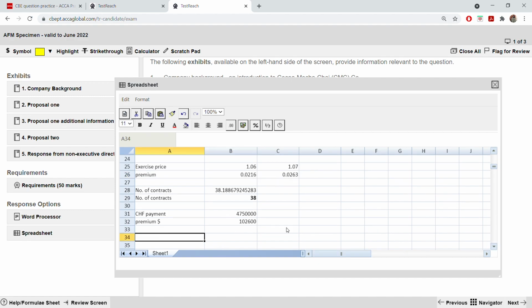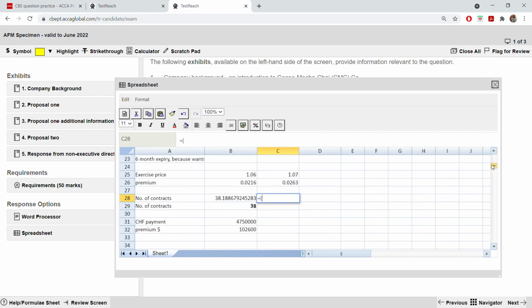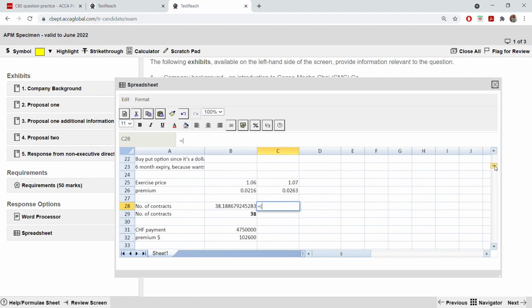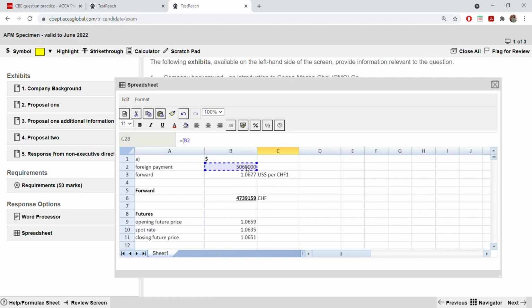Okay, you can do both together simultaneously if you want. Here also you can do the same thing if you want to find the number of contracts under 1.07 also. So it is this divided by the exercise price.